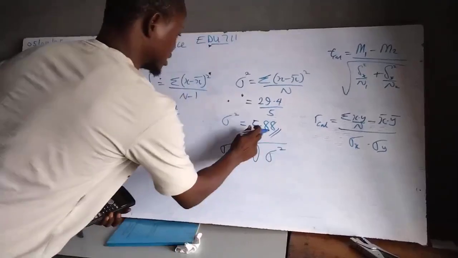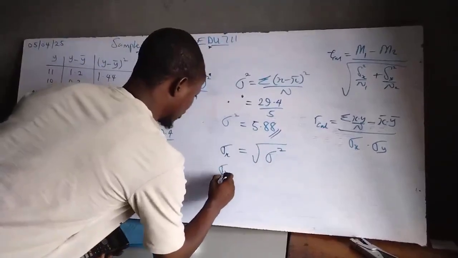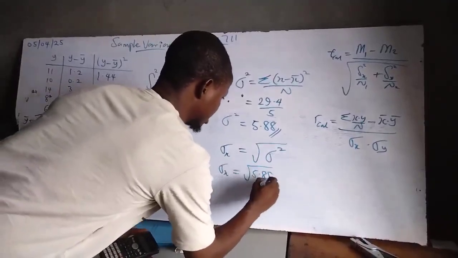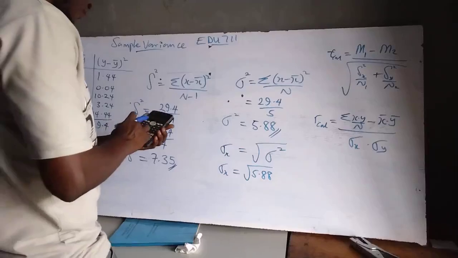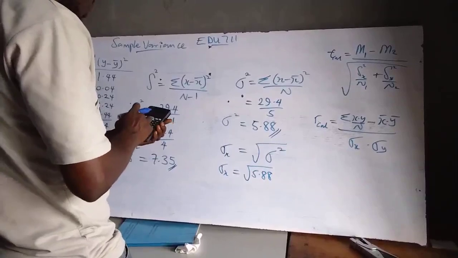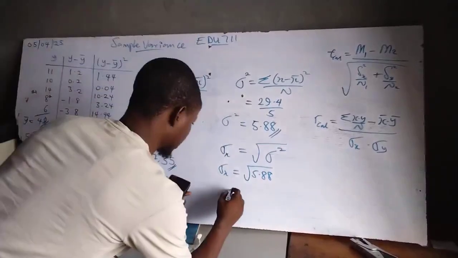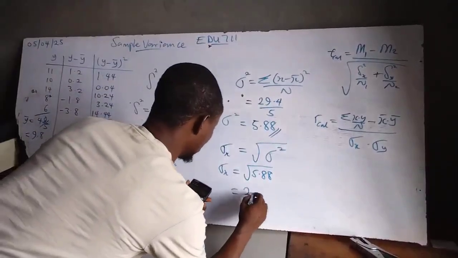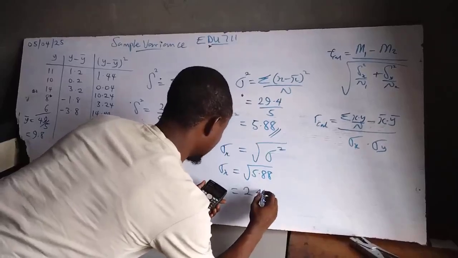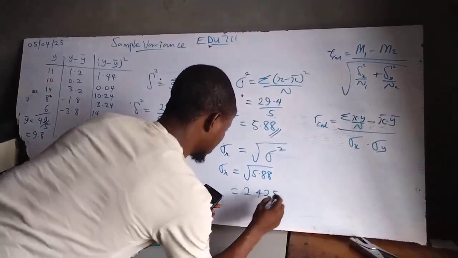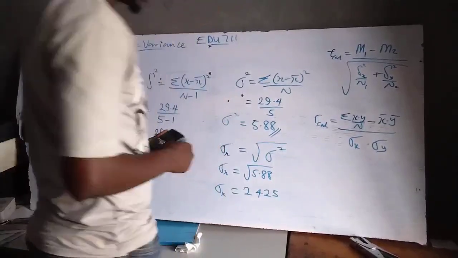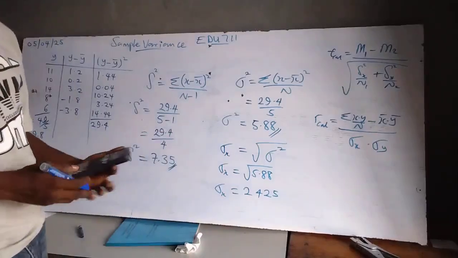So our sigma x will be equal to the square root of 5.88, and that gives us 2.425 approximately. So that is our sigma x, the standard deviation for a population.